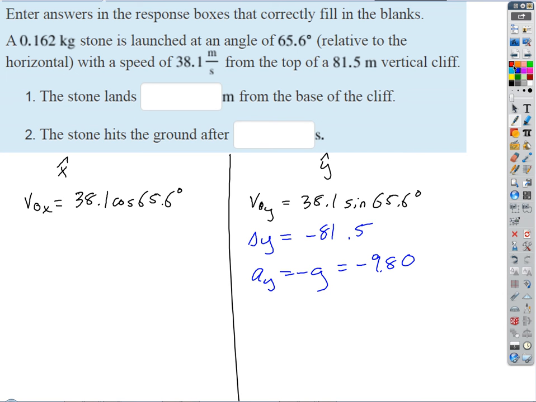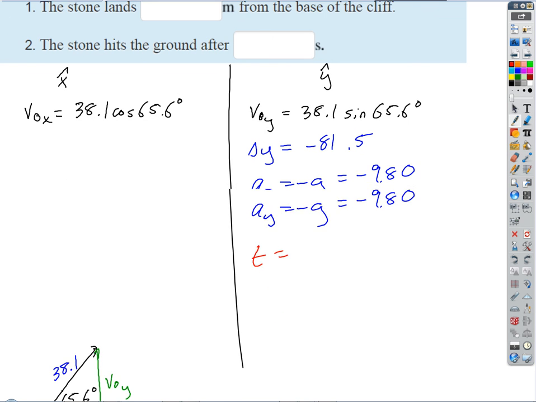That's one thing it might be nice to know. In fact, that's really what we need right here for part 2, isn't it? So which equation are we going to use to solve for t then? Yeah, 3, isn't it? It'd be equation 3. We know displacement, we know initial velocity, we know acceleration, we got to solve for t, right?